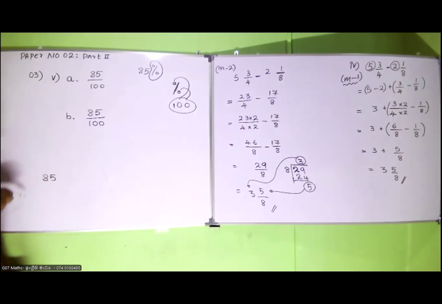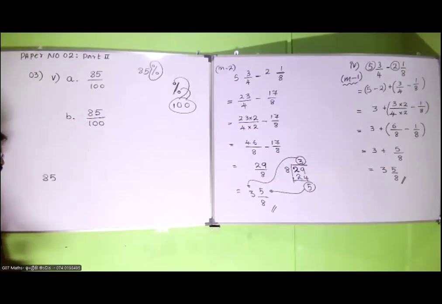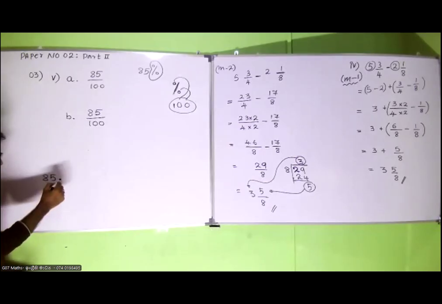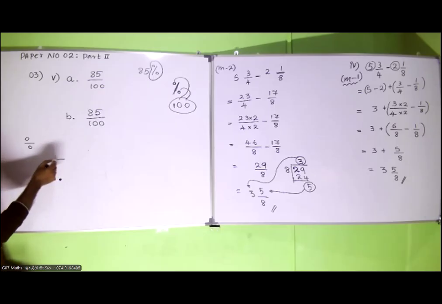Right? So if you are dividing the given number by 100, your decimal point is at the end of the number. Here you have the decimal point. If you are dividing a number, you have to jump your decimal point to your left hand side.